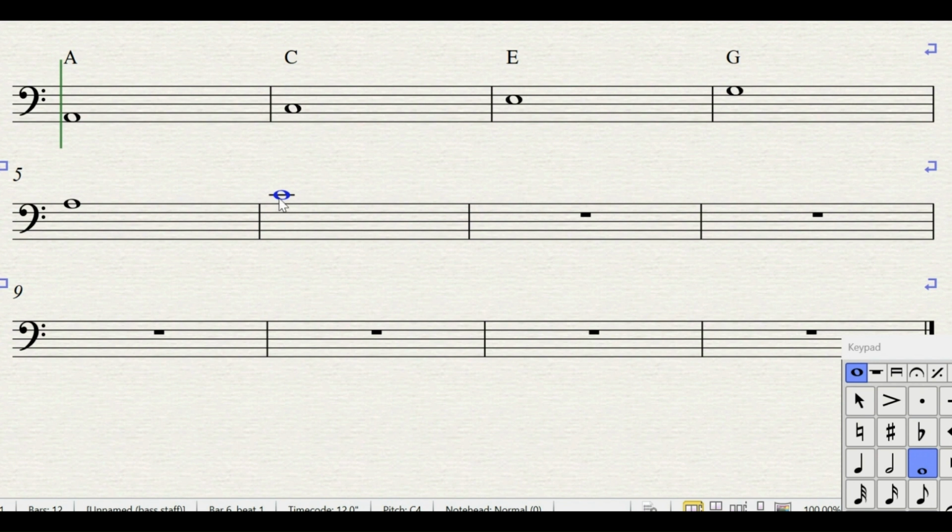If you notice, the one ledger line above the bass stave is C, but if it was a treble stave, it would be below. And that is because this C is smack in the middle of the pitches of the bass stave and the treble stave.